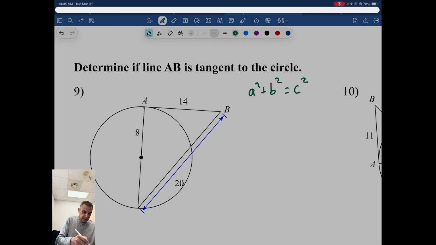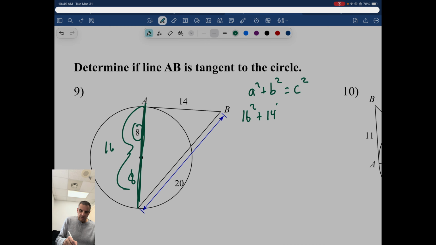So our legs, so the leg is this whole distance right here. It tells us that the radius is 8, so that makes this 8. So this whole thing is 16. So I have to go 16 squared, and that's one of my legs. 14 squared is the other one. Hypotenuse, it looks like we have everything. So that's 20 squared.